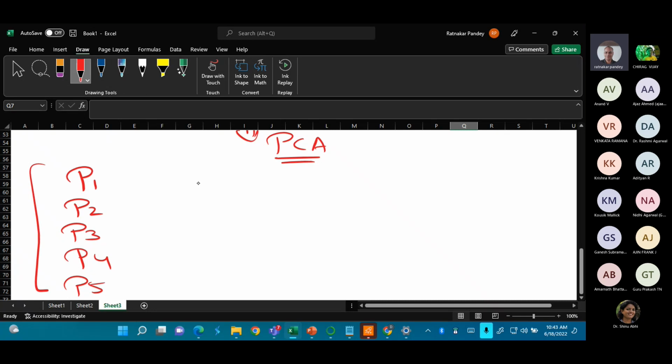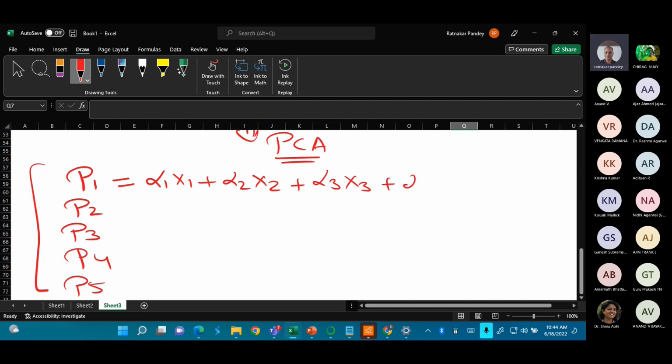But what are these components? These components are nothing but linear combinations of your x variables, right? So for example, P1 is alpha 1 x1, alpha 2 x2, alpha 3 x3, alpha 4 x4, and alpha 5 x5.